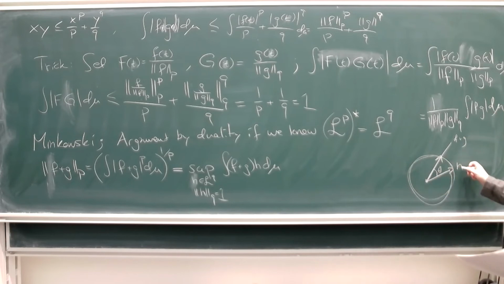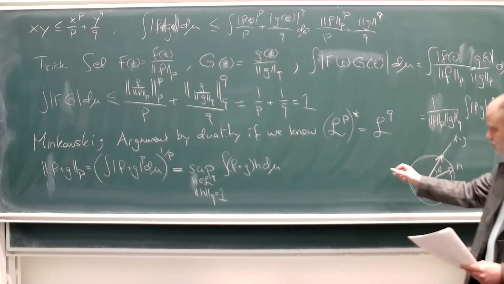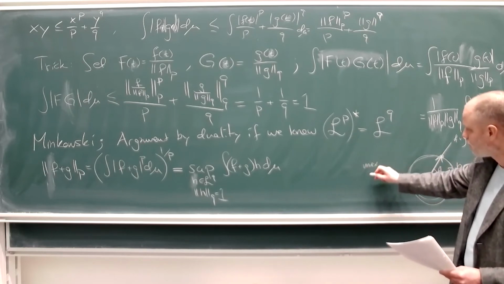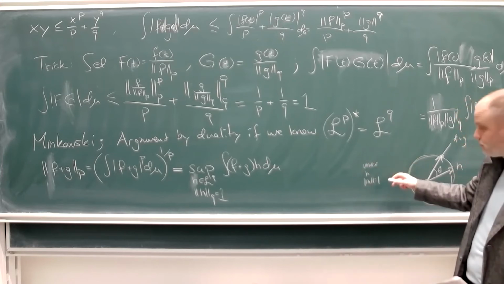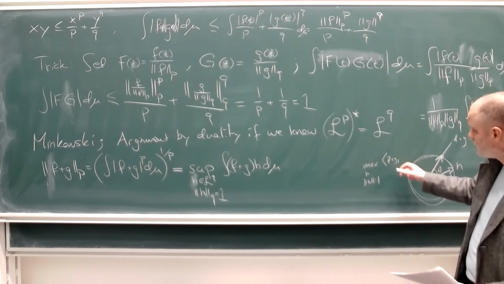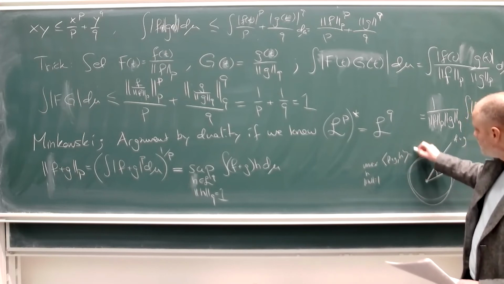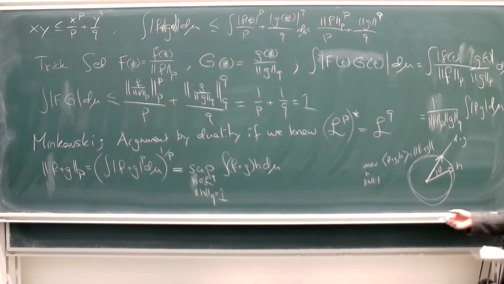So when h is equal to f plus g divided by that norm, right? So the max over all h with norm of h equal to 1 in a Hilbert space of the scalar product of f plus g times h is equal to the norm of f plus g. This happens in all Hilbert spaces.